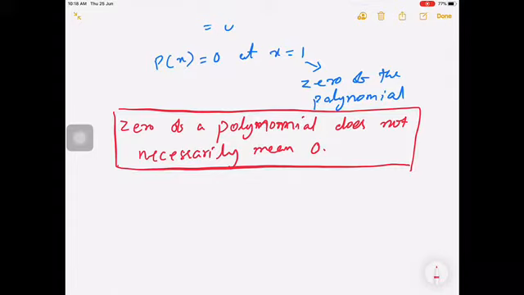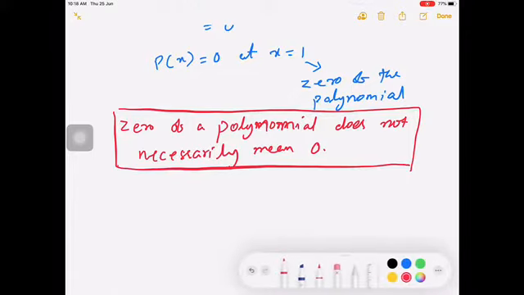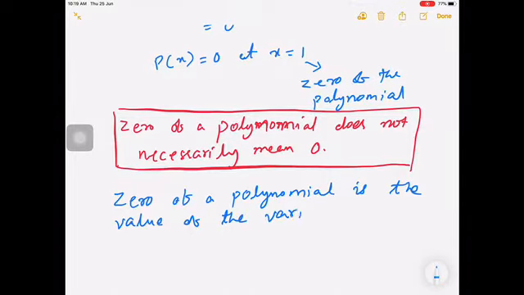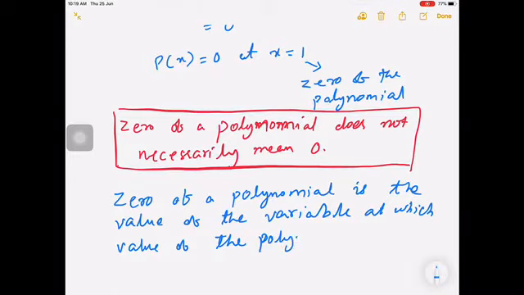So we can define the zero of the polynomial. We can define that zero of a polynomial is the value of the variable at which the value of the polynomial becomes 0.